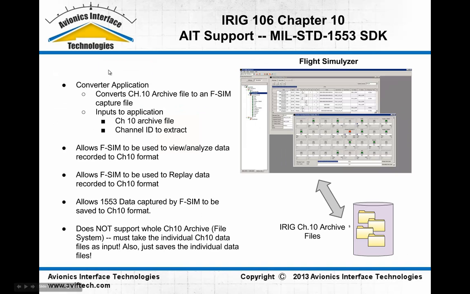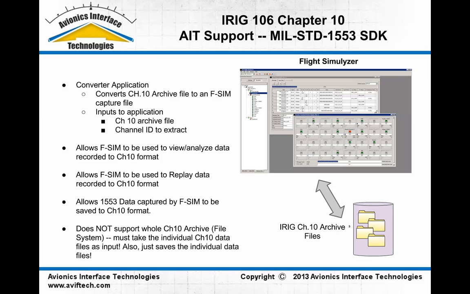Then we'll also take a look, within the Flight Simulator analyzer, at opening up a Chapter 10 archive file that came from a flight data recorder. We'll open up the same file that's being used as input to the utility that's simulating the stream of the archive.